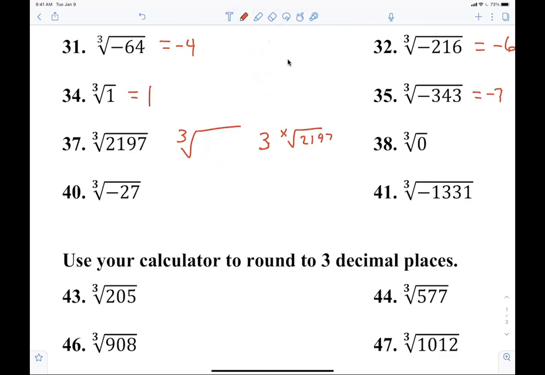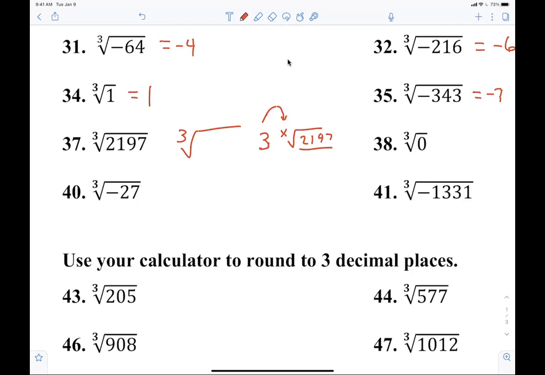You have to put second. I want you to hit 3. The reason why you're doing 3 is because that tells it to do the cube root, right? Then once you do that, you just type in 2197.